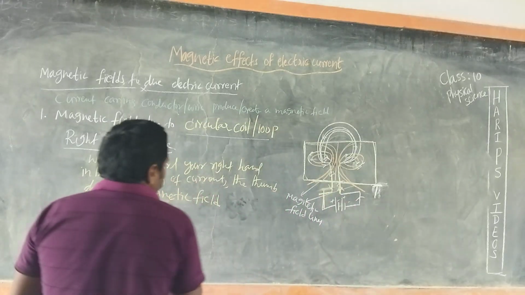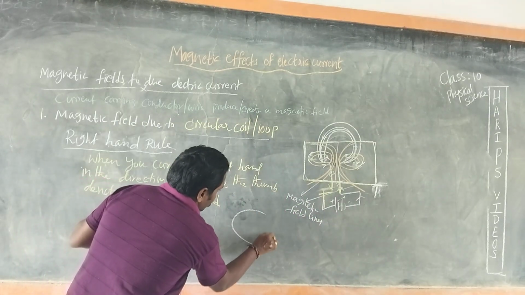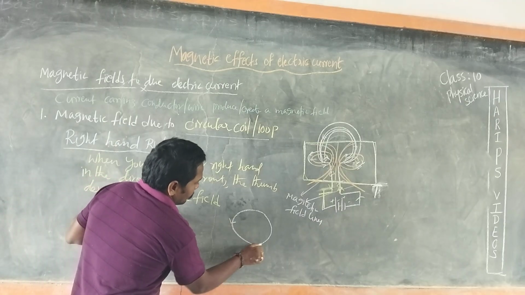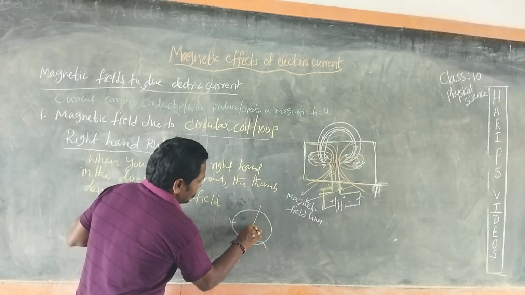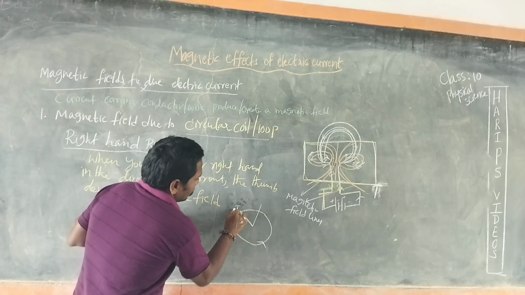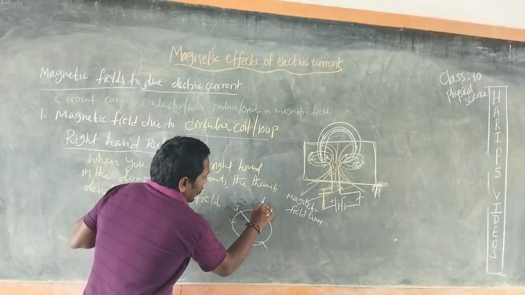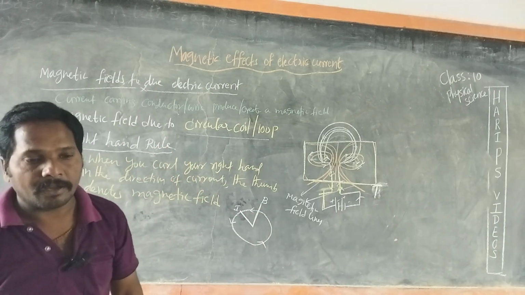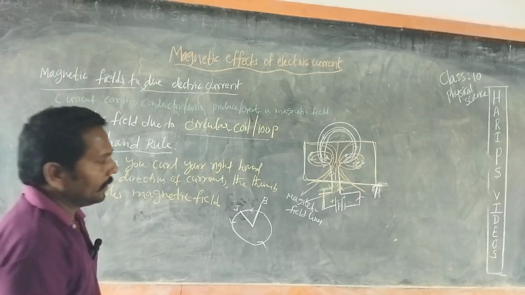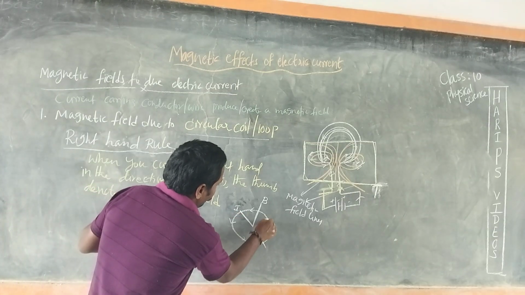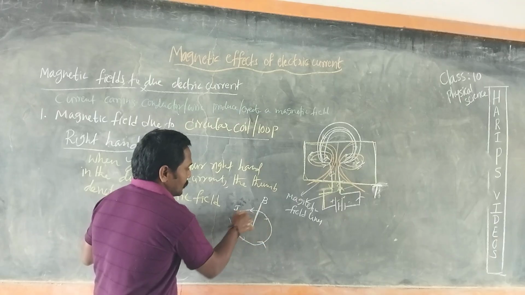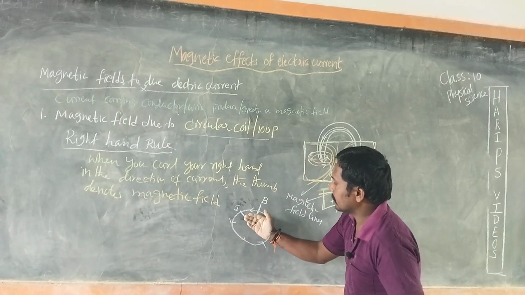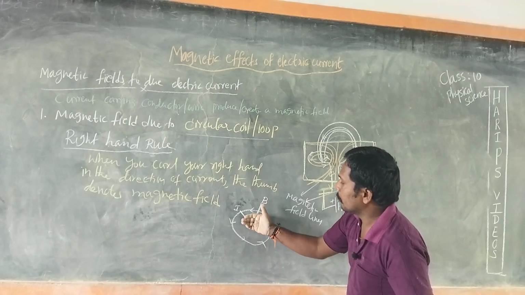So in the case of a circular coil or circular loop, this is the direction within the center. Here I means the direction of current and B means the direction of magnetic field, right? So this is the direction of current.